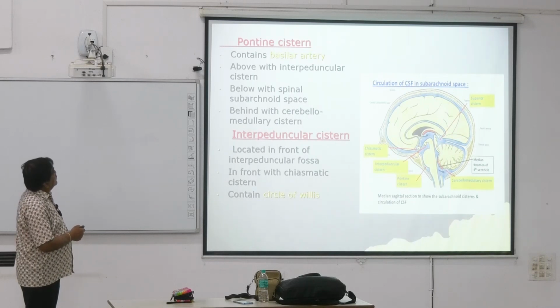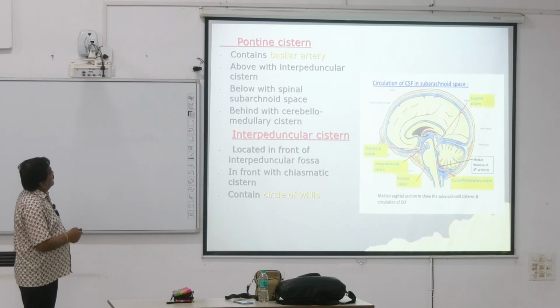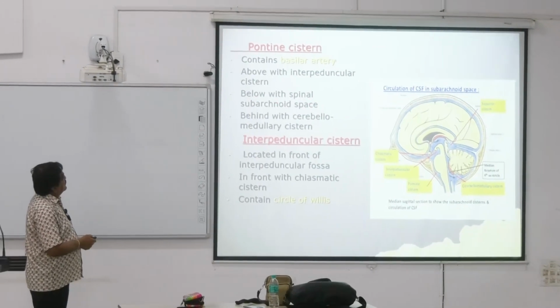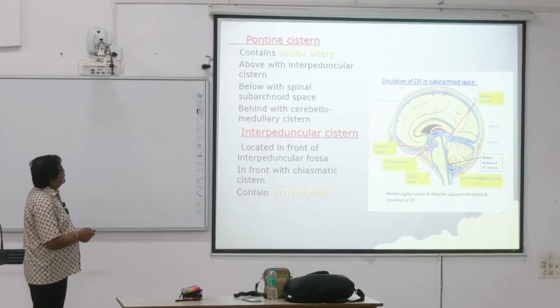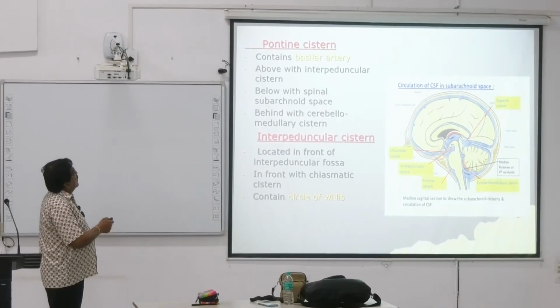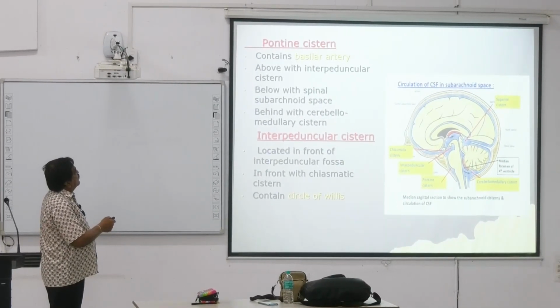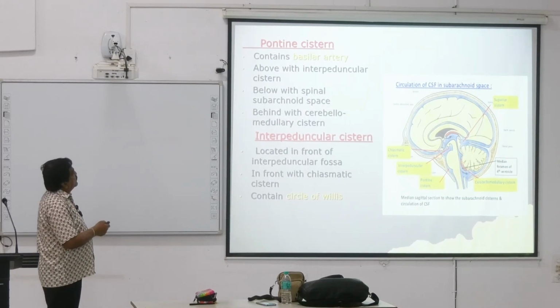Now, the pontine cistern contains the basilar artery, with the interpeduncular cistern above, the spinal subarachnoid space below, and behind is the cerebellomedullary cistern. If a short note on the pontine cistern is asked, then you have to give this description and draw a diagram.